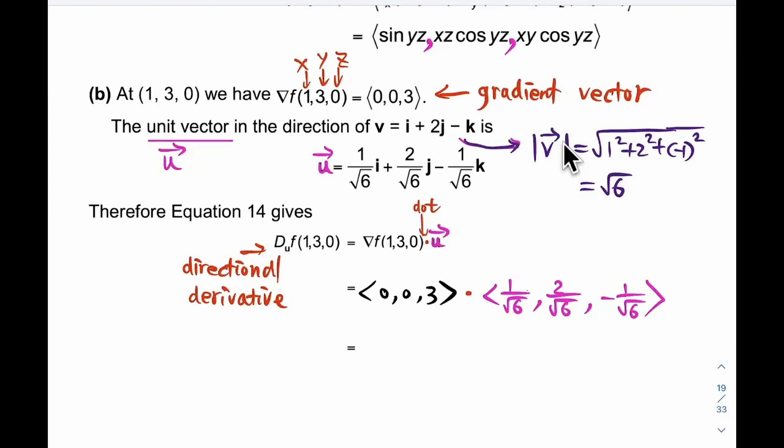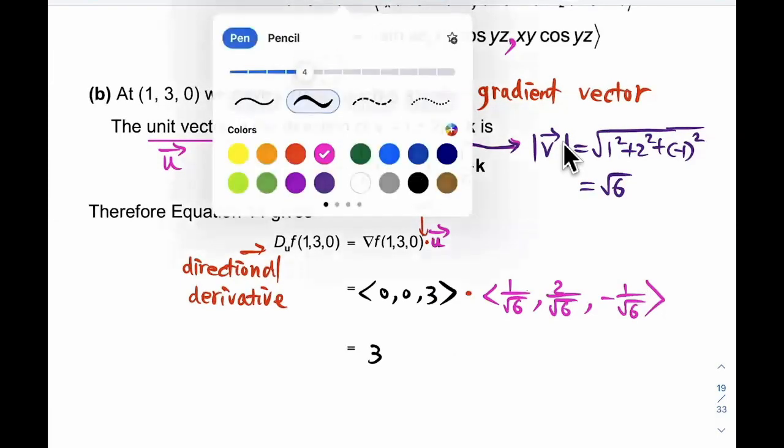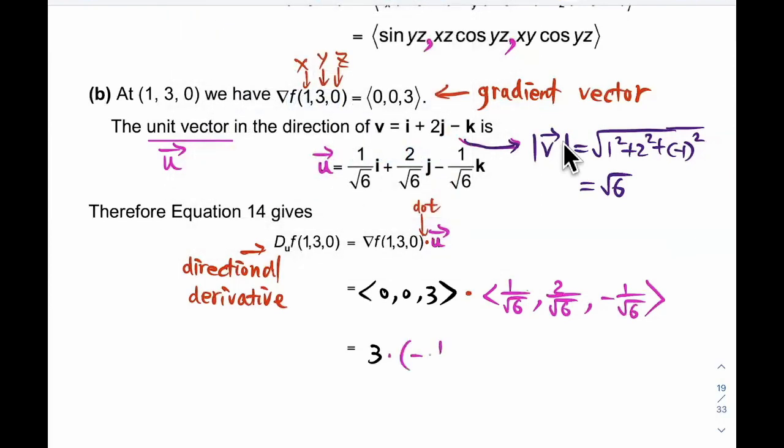The first two components will become 0, right? What's 3 times this? You get 3 times negative 1 over square root of 6, which is negative 3 over square root of 6.